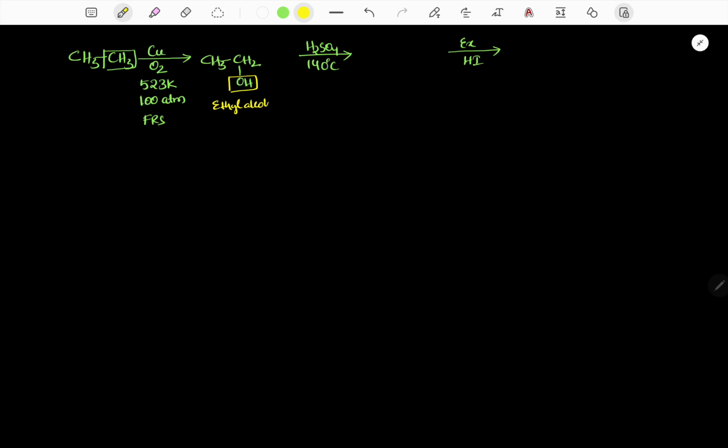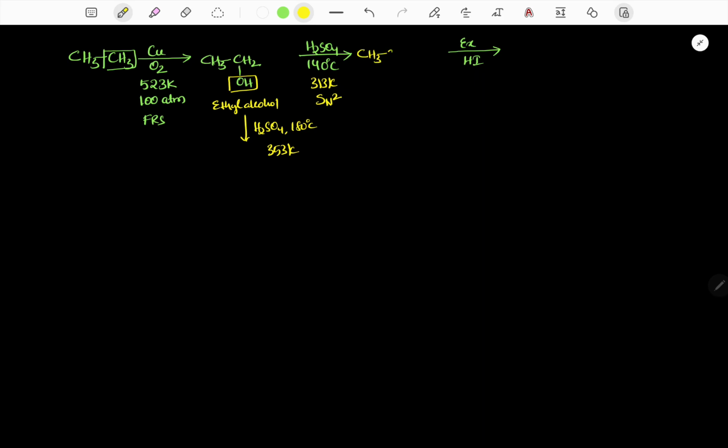When ethyl alcohol is treated with H2SO4 at 140 degrees Celsius, and we have another reaction from NCERT, H2SO4 at 180 degrees Celsius, so here 413 Kelvin and here 453 Kelvin. At 140 degrees Celsius, an SN2 reaction takes place because both are primary alcohols.